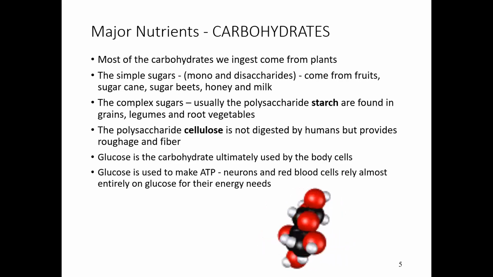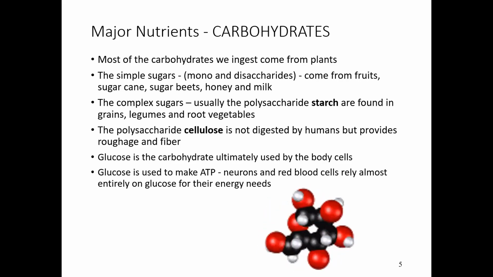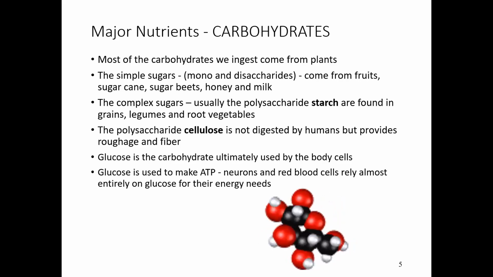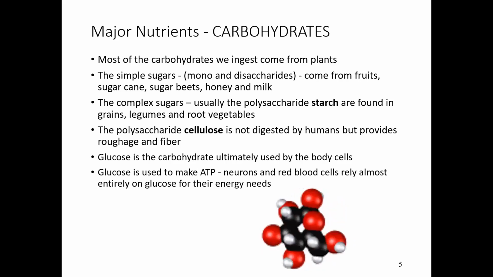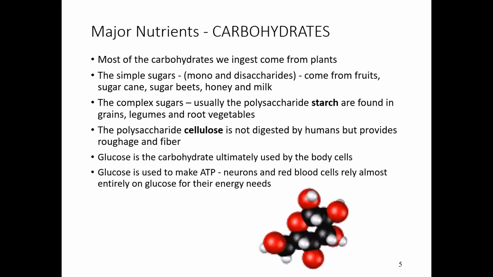If you look at the label on a box of Cheerios, it tells you how many grams of carbohydrate are in there. It tells you how many calories you have from the carbohydrates. It tells you the amount of sugar in there too.